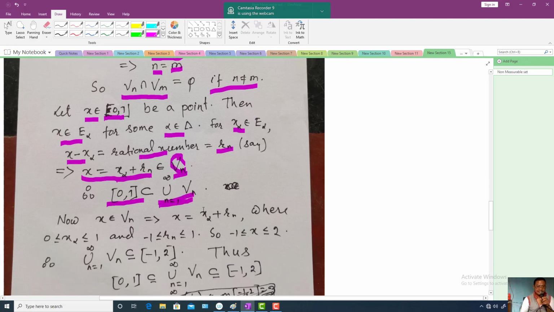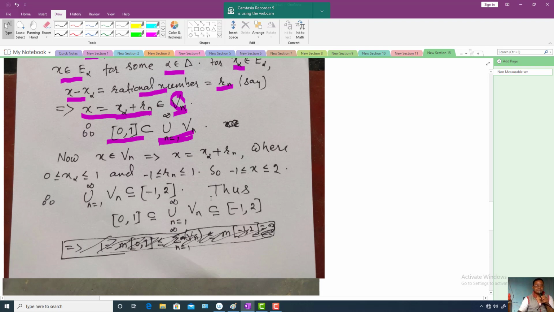All right, we are coming to the conclusion very nearly. So next, let us take an arbitrary point from Vn. By our definition of Vn, this x must be expressible as a sum of x alpha and Rn for some alpha, where x alpha is a member of the closed interval 0, 1.